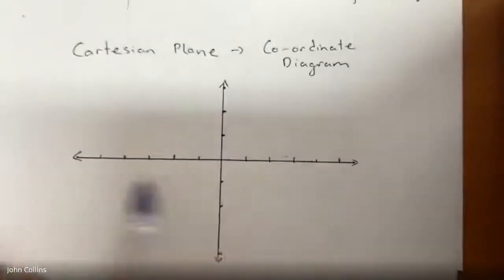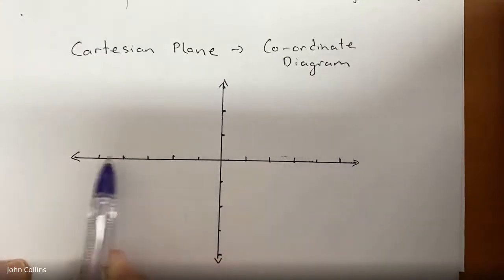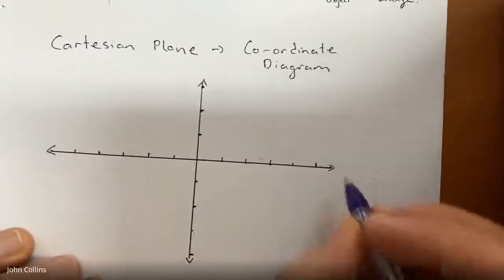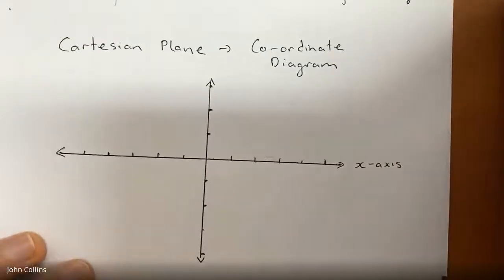Does anyone know what this line is called? There's a special name for this line. Nobody? Okay, it's called the x-axis. Oh yeah, you got it. X something, yeah, it is the x-axis.